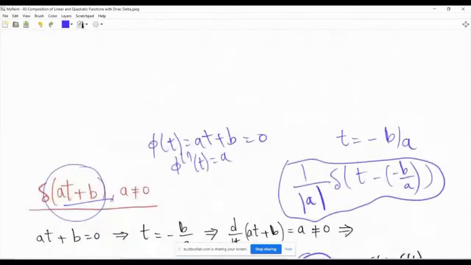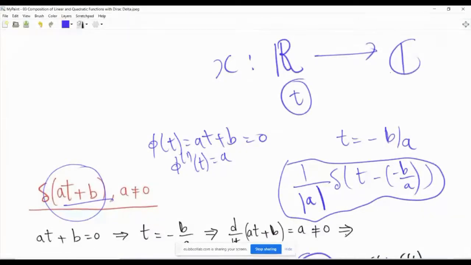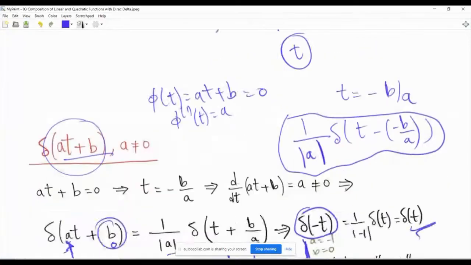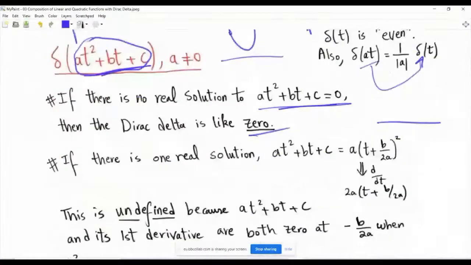Our functions of signals and systems are x from a real valued parameter t to complex numbers. The function can be complex valued, but t itself is real, period. We do not allow complex times or something like this. Now, if the parabola looks like this, then the function has a repeated root.